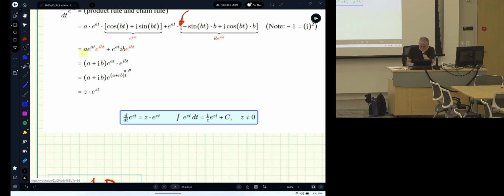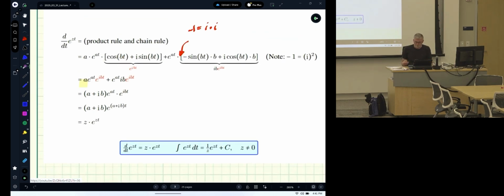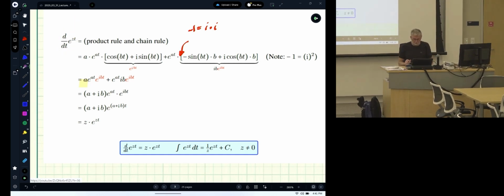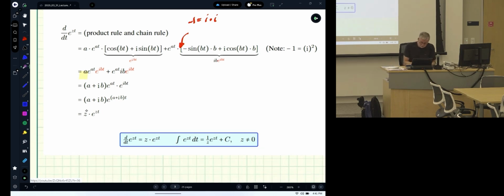I combine these back up. That's my e to the zt, and there is z. So there it is. By just simply grinding it out, the derivative of e to the zt, when this is complex, changes nothing. It's just z times the derivative.